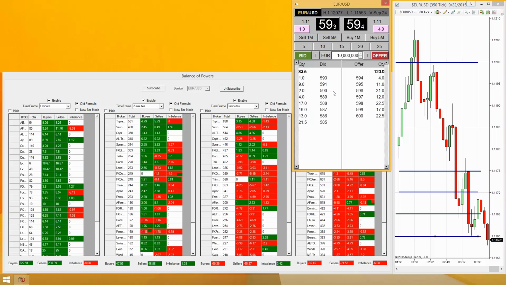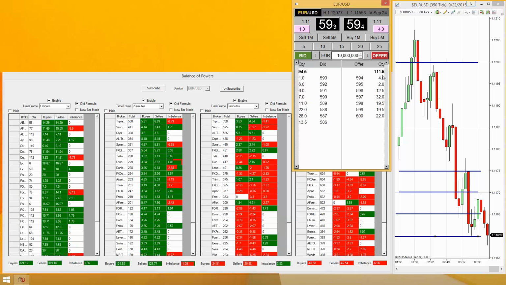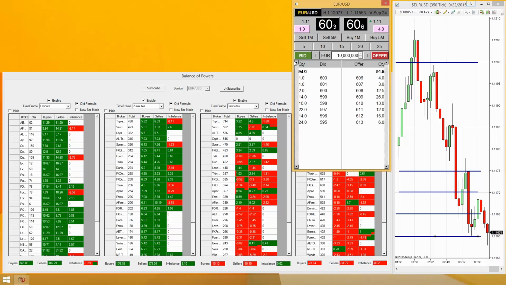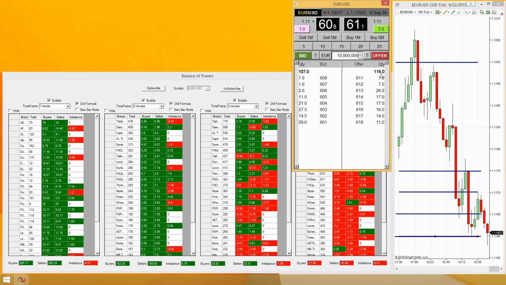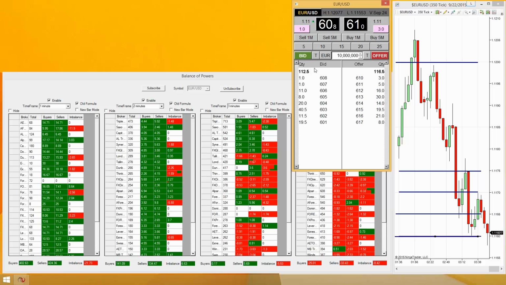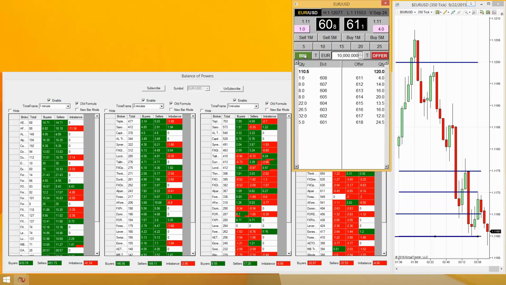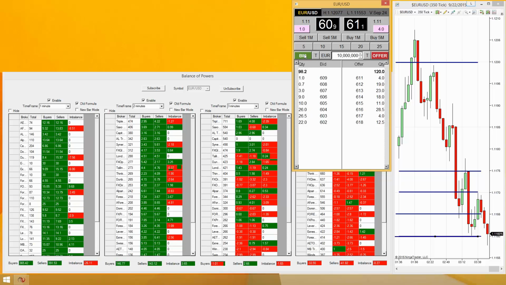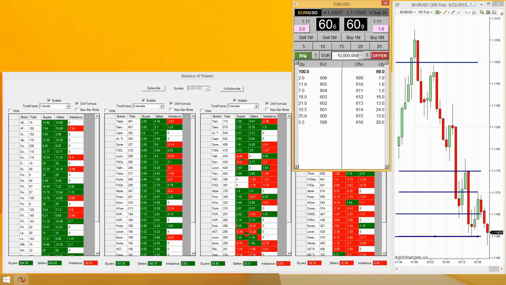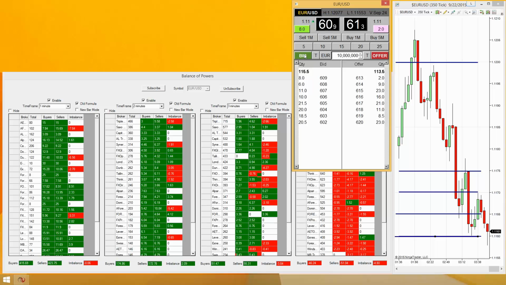Like, by looking at this screen, if you see an imbalance, let's say you see the offers are twice the size of the bids, then you can expect the price to go down. If you see the bids are twice the offers, you can expect the price to go up. That doesn't mean price will go up every time that happens. Do you get my point?